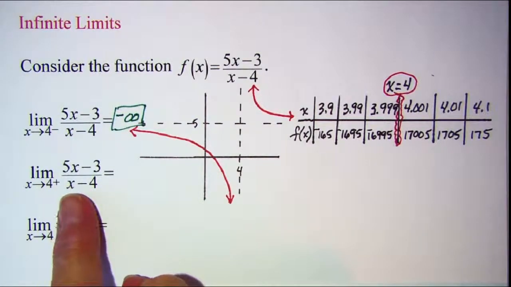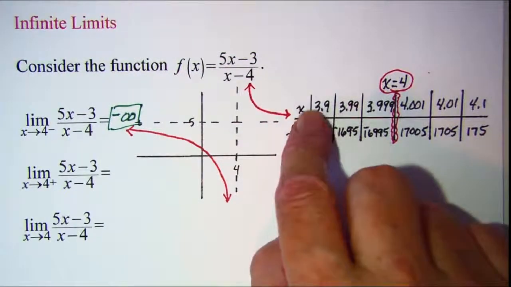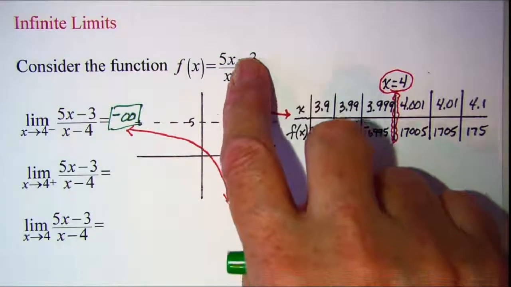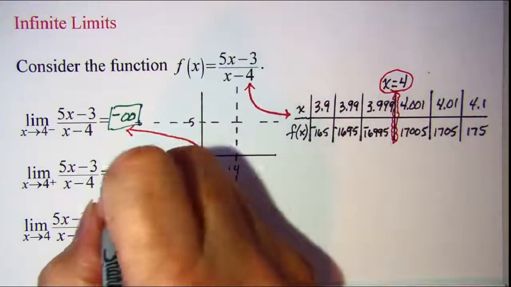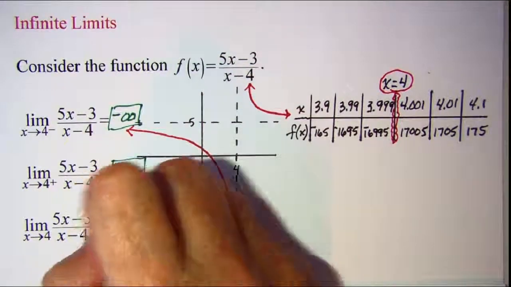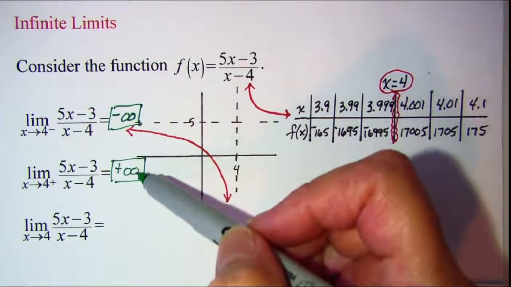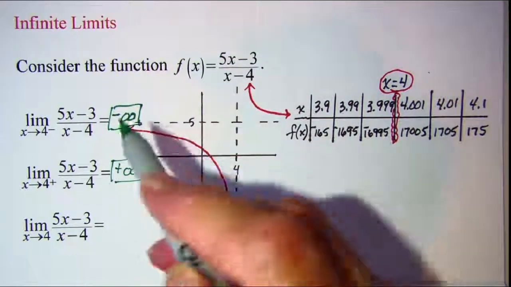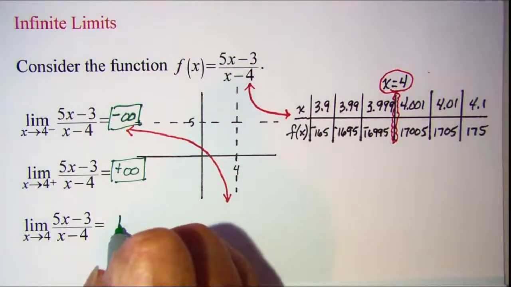The limit as x approaches 4 from the positive direction shows that we have a positive infinity. Now, since these two limits are not the same, then the two-sided limit does not exist.